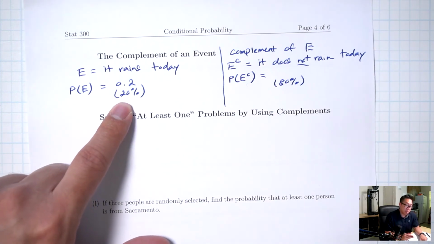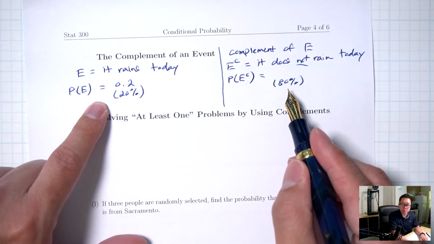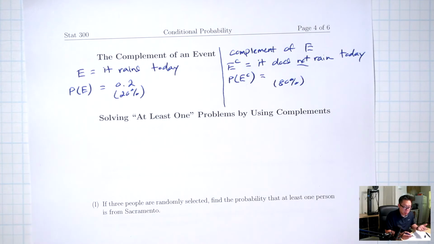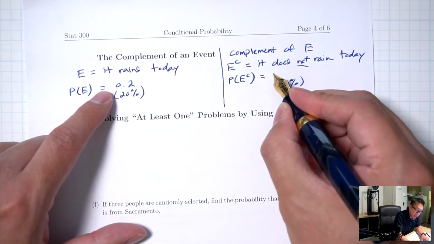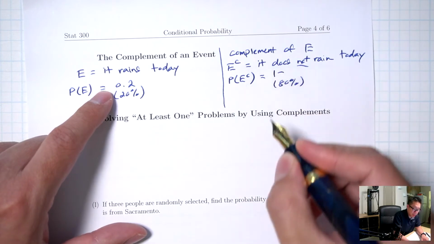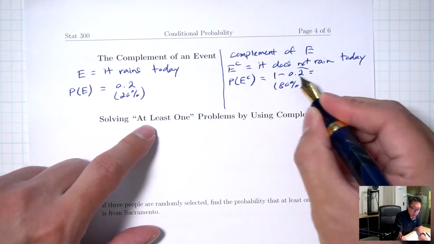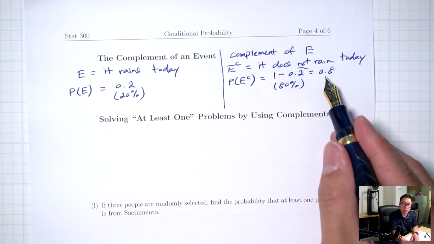We took 100% minus 20% is 80%, right? That's in percent form. In decimal form, 100% as a decimal would be 1, minus the 20% as a decimal, 0.2, and you'll get 0.8, which is 80% in decimal form.